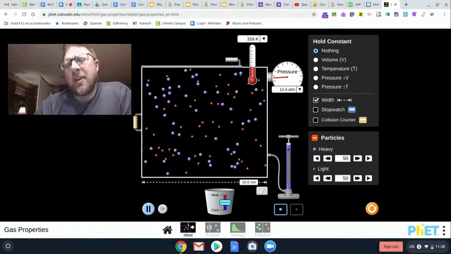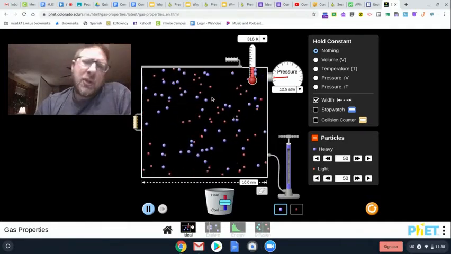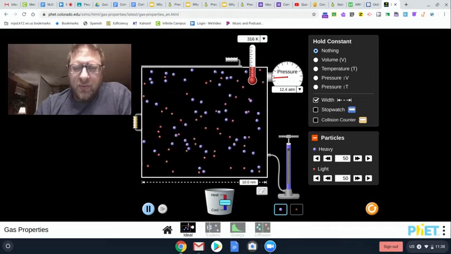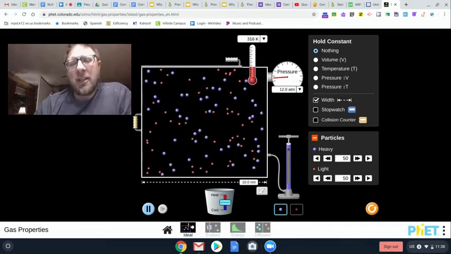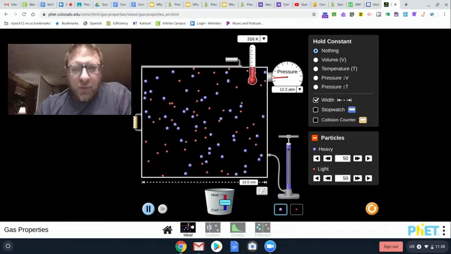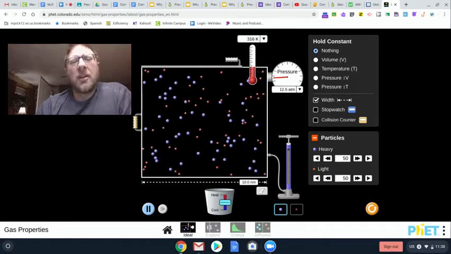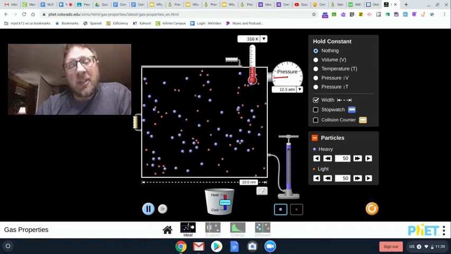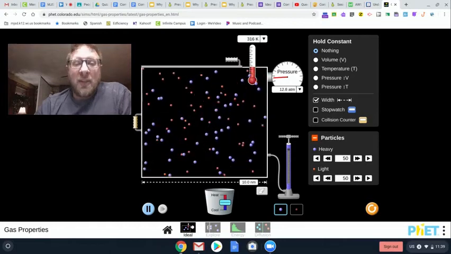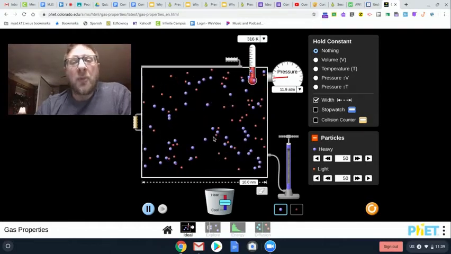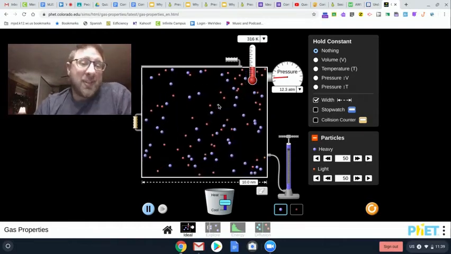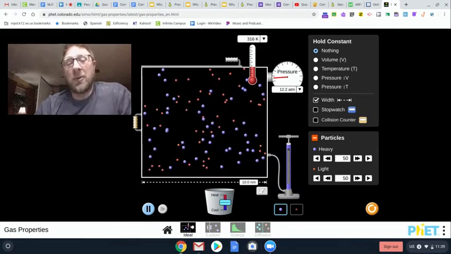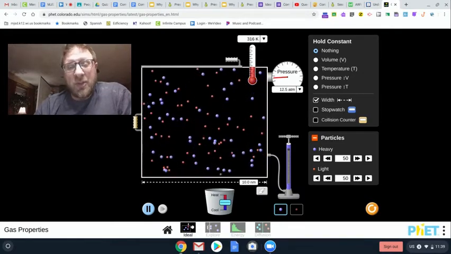And the reason we can say that is because the equation for density is mass divided by volume. Okay, so if I know the mass of the particles divided by the volume of the container, that will give me the density. Because we have equal numbers of particles here, the heavier ones have a greater mass, therefore the density would also be greater.